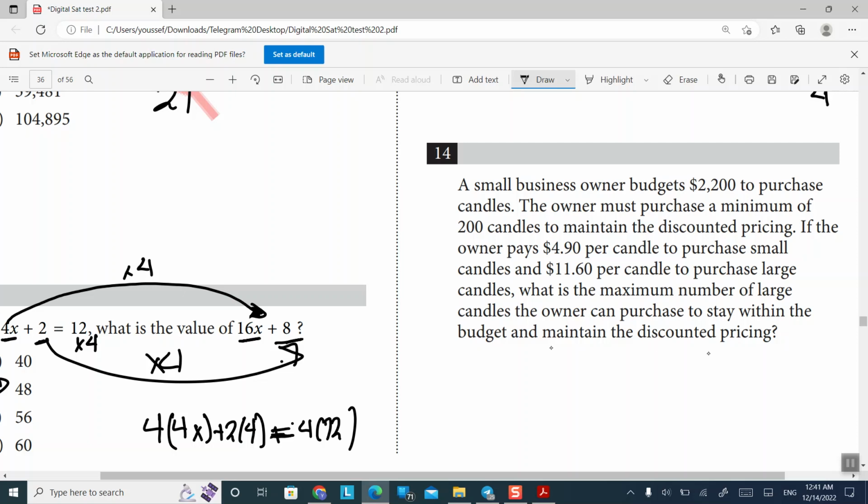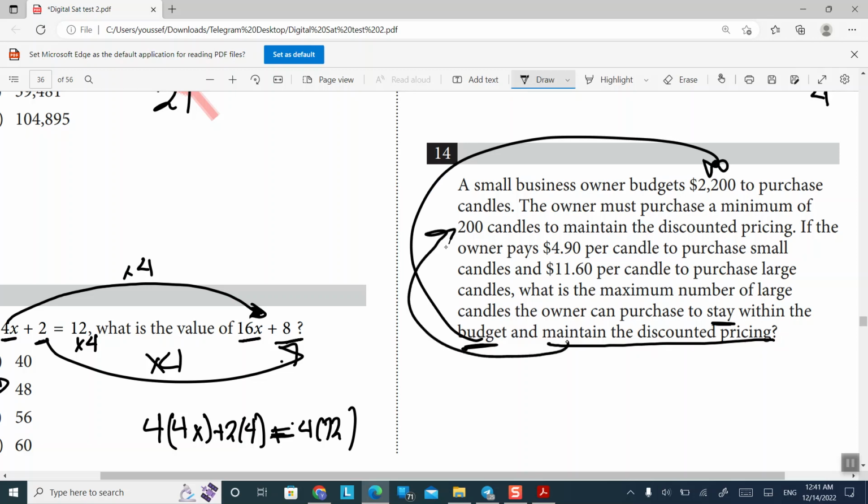Okay, so the conditions are that it needs to maintain the discounted pricing and to stay within the budget. So he needs the minimum, and the budget cannot exceed 2,200.